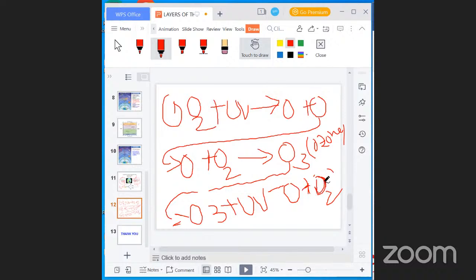Okay? O plus O2. So this is the simple chemical equation, right?